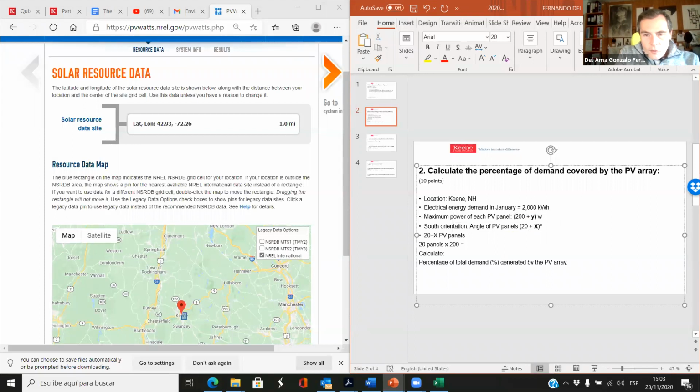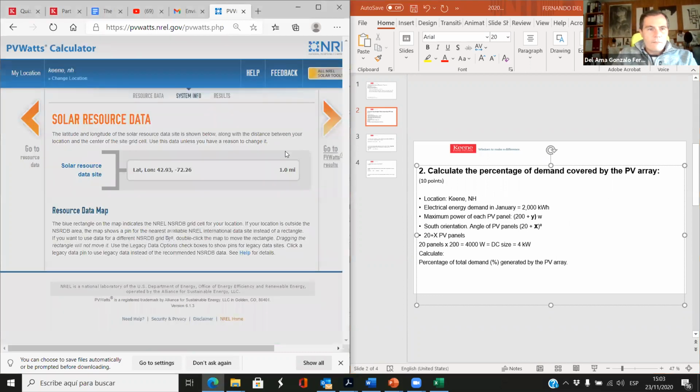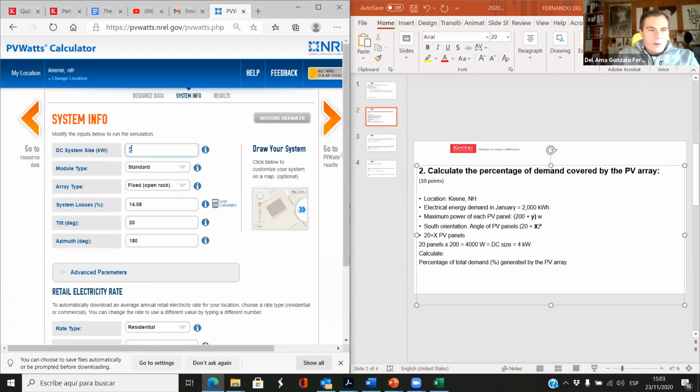So this is 4,000 watts. So the DC size would be 4 kilowatts. Okay, so by default, we have 4 kilowatts, fine.